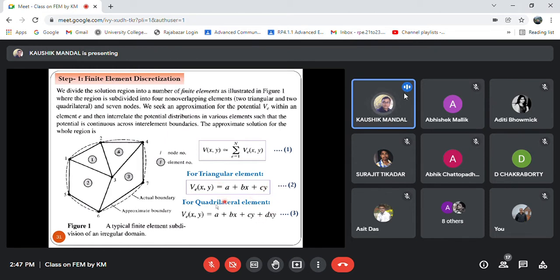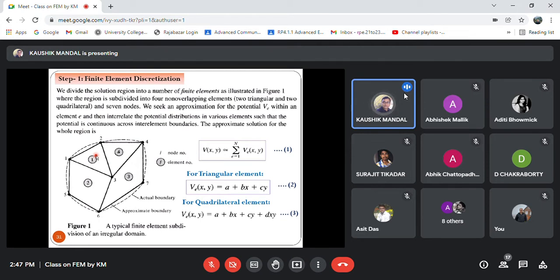If the element is quadrilateral, then that will be the form of the corresponding approximate polynomial equation. One point you must remember is that the potential within the element will always be non-zero, and outside the element, that potential will be 0.